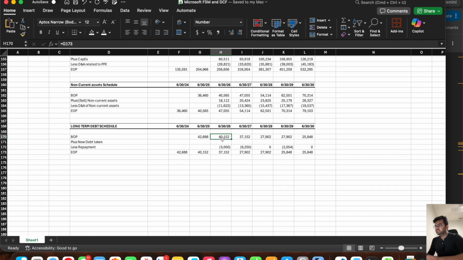Now, new debt taken. A simple assumption we can take is that Microsoft is not going to take any new debt. Already they have a lot of cash sitting in their bank, but it's not going to be the case. As of now, the Fed has reduced interest rates by 25 basis points, and I foresee that happening in the future as well.